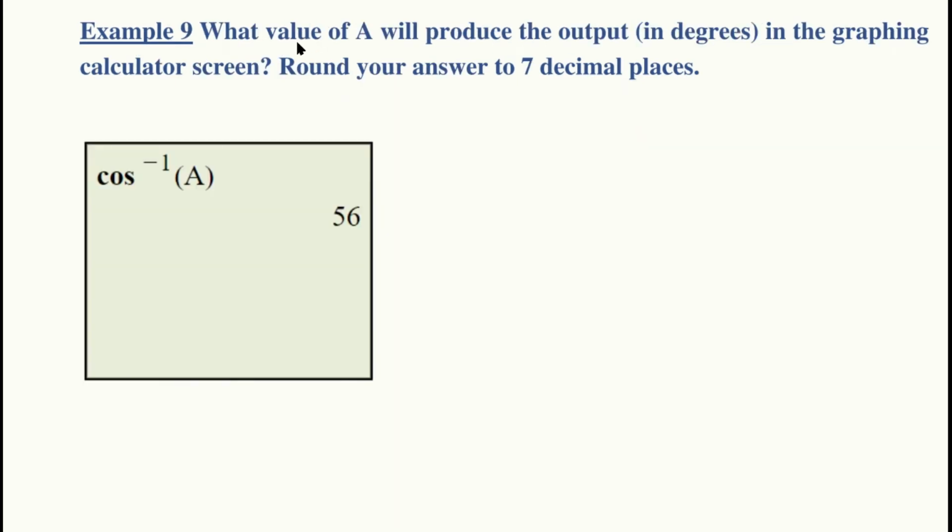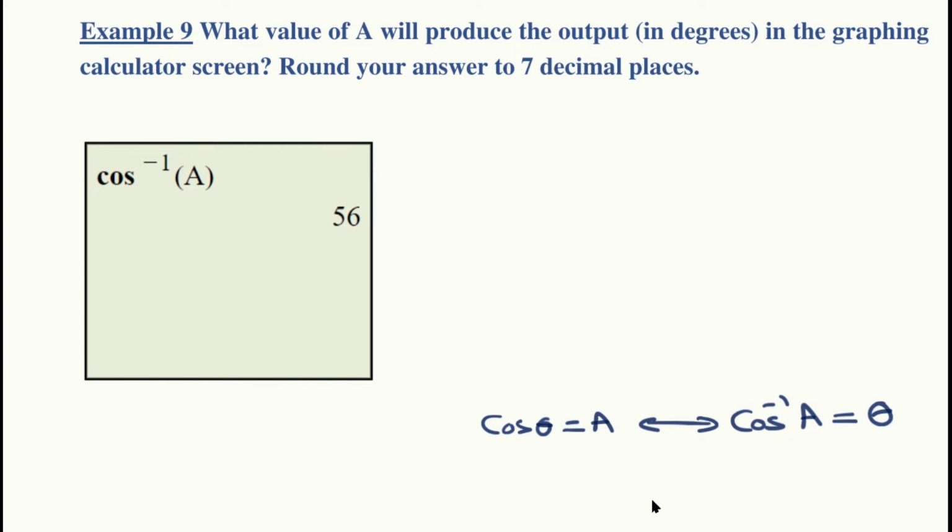So here's a question that is testing to see whether you understand the relationship between a trig function and its inverse. All right, remember we said if cosine of theta equals a, that's equivalent to saying that the inverse cosine of a equals theta, right? So if I want to get the a, basically I would want to find the cosine of this angle.